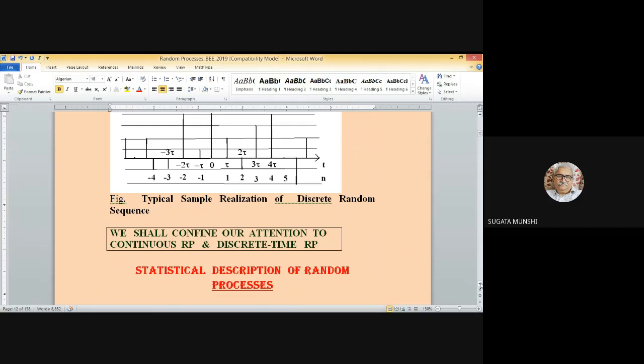By this time, you have understood perhaps that random processes can be described statistically only, because it's a collection of infinite number of random variables.